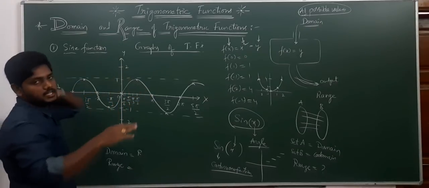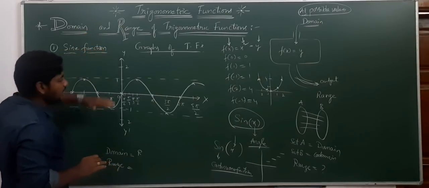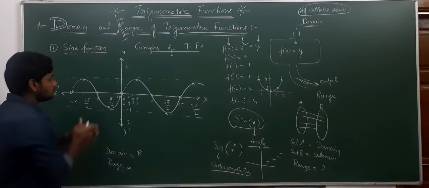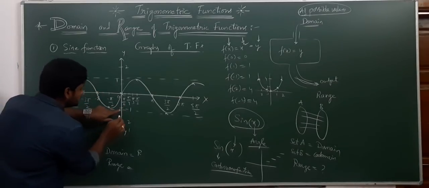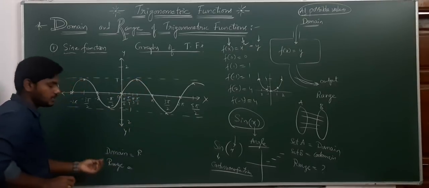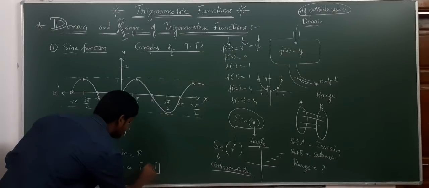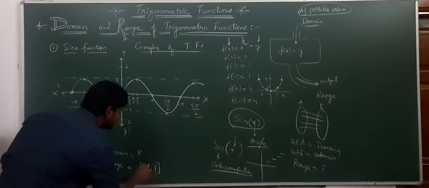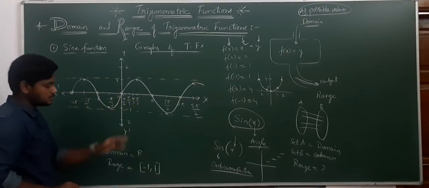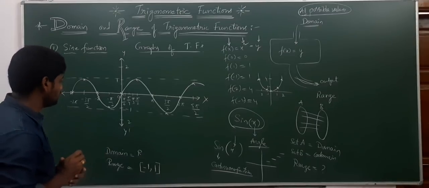If you take any sine value, it won't exceed 1, and it won't decrease below minus 1. But in between we get values from minus 1 to 1. So the range of this function is minus 1 to 1, closed bracket. So the domain is all real numbers and the range is minus 1 to 1. This is very important, you need to remember.